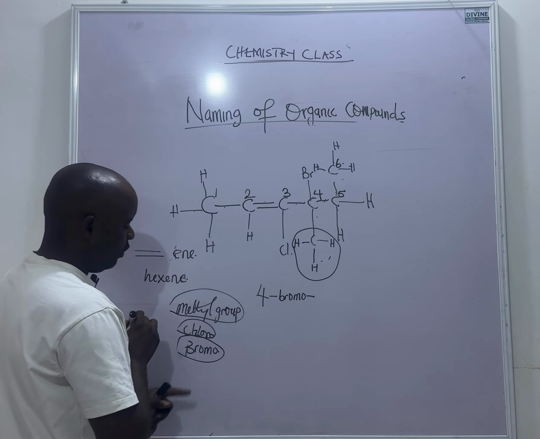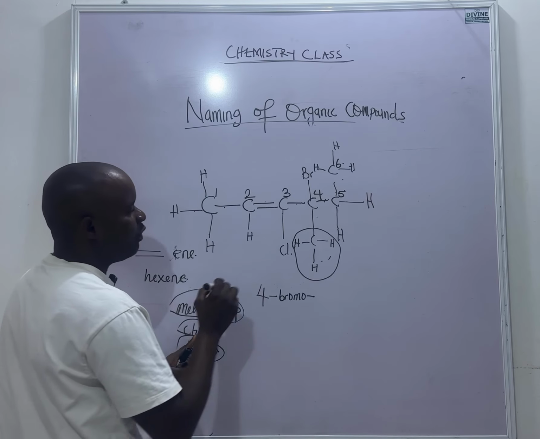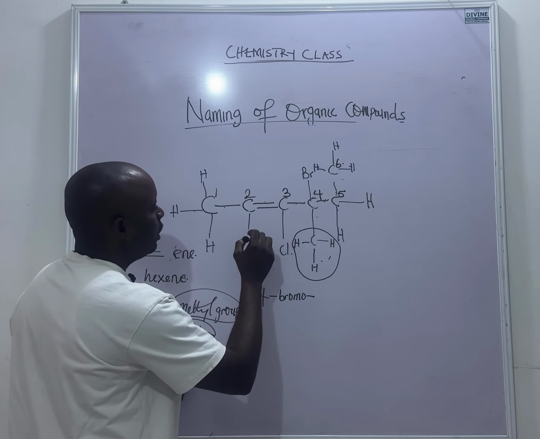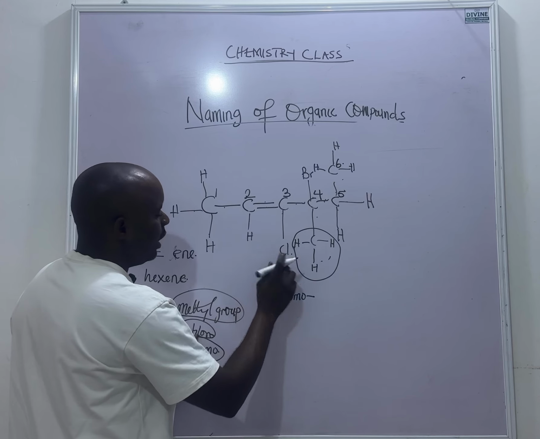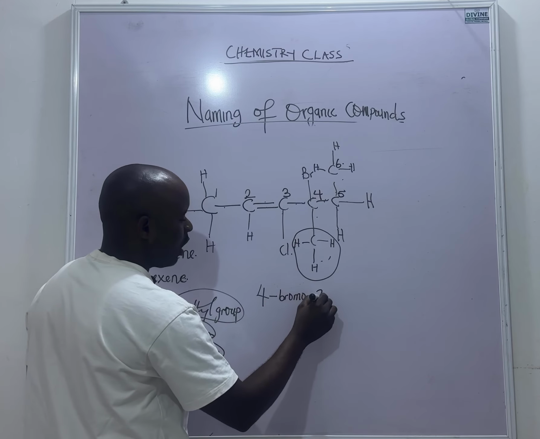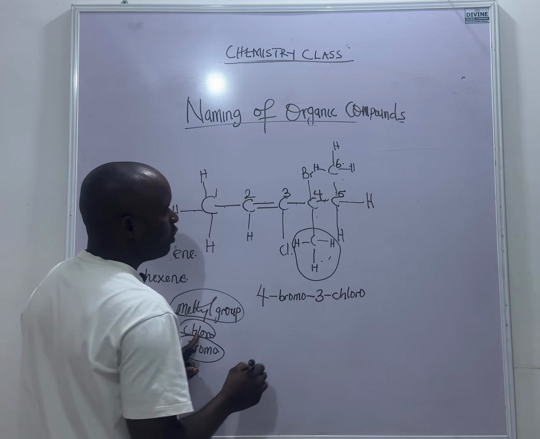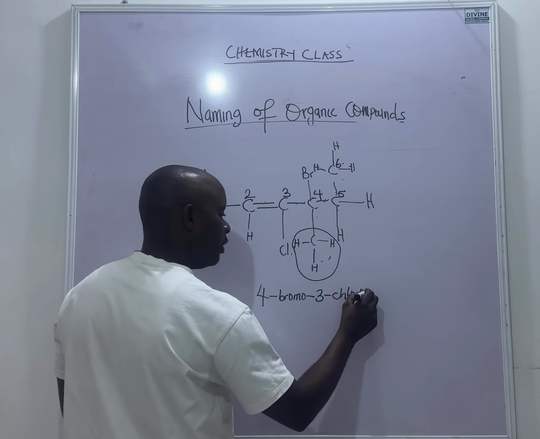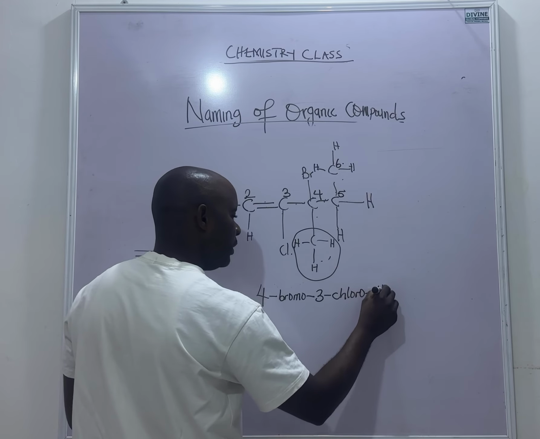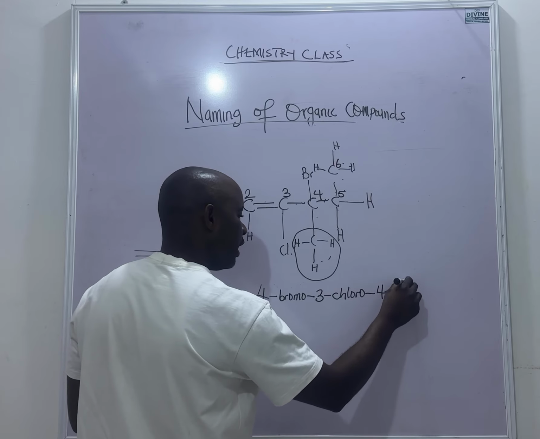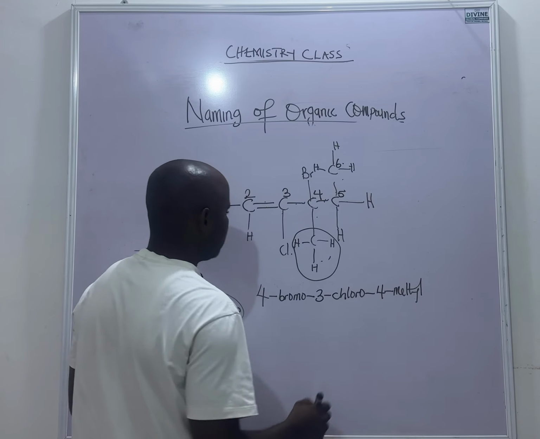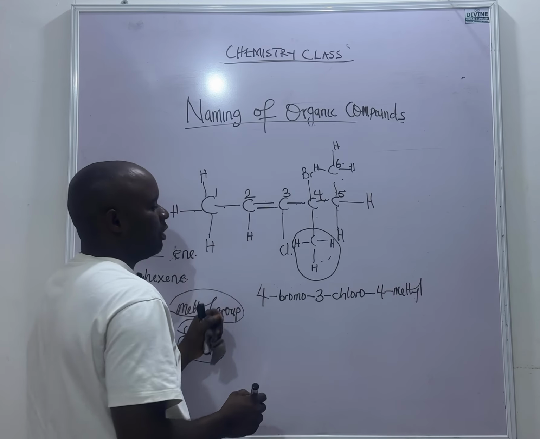So what follows? Chloro will follow. We have chloro here. We have trichloro. What is next? We have 4-methyl. At carbon 2, the functional group must show.